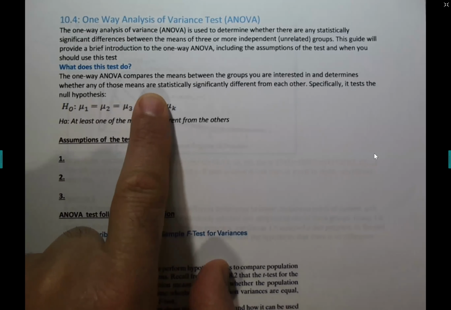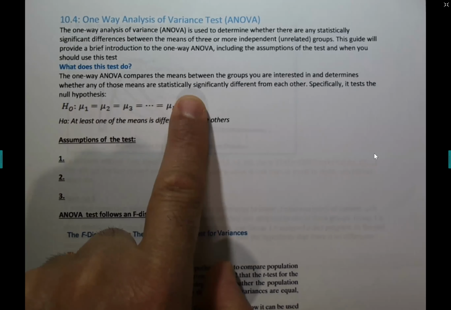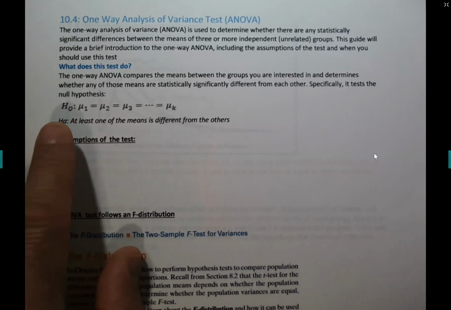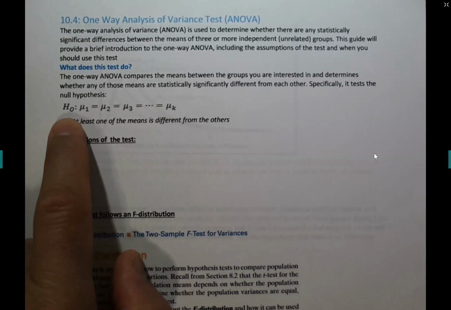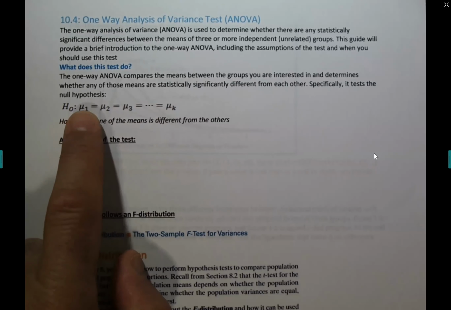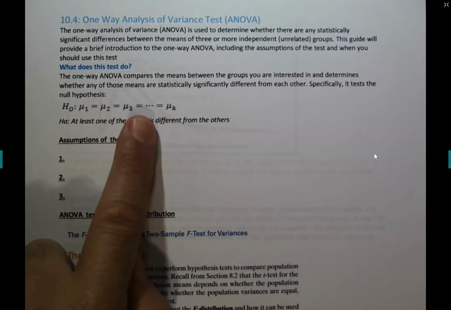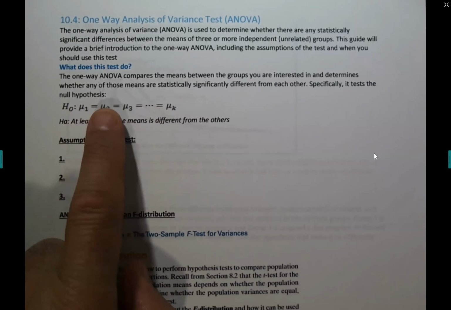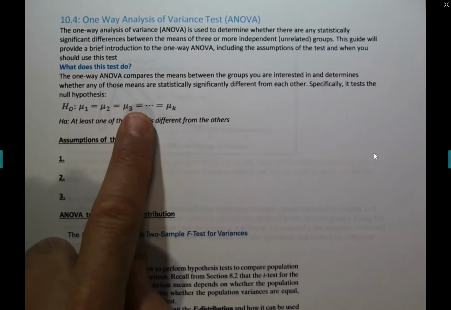The one-way ANOVA compares the means between the groups you are interested in and determines whether any of those means are statistically different from each other. So here's how you state the null. If I give you 4 groups, guys, in the exercise, you put H0: mu1 equals mu2 equals mu3 equals mu4. That's the null hypothesis. So you assume all the means are equal. If I give you 5 groups, you put mu1 equals mu2 equals mu3 equals mu4 equals mu5.